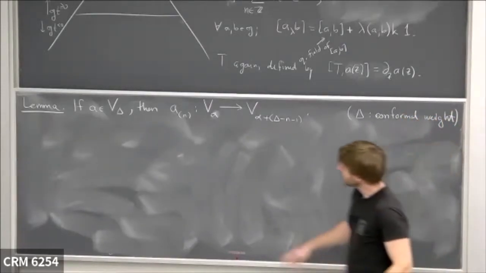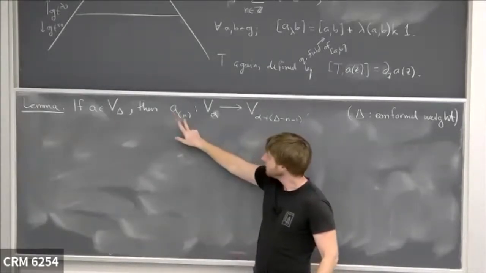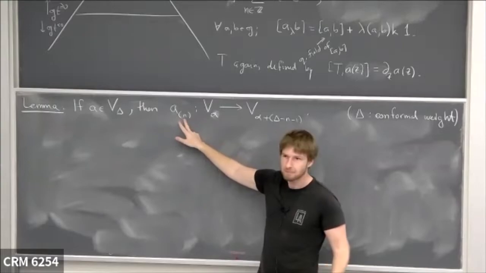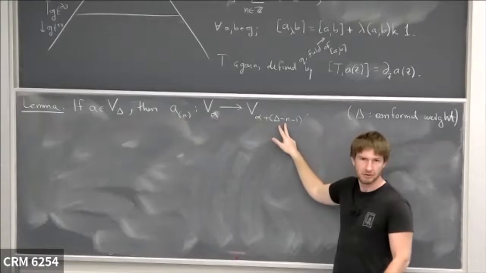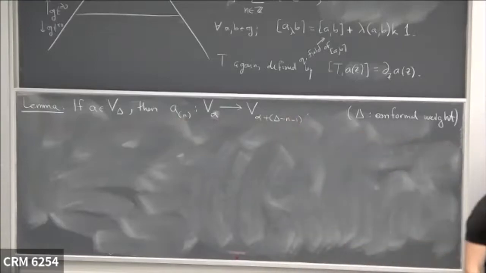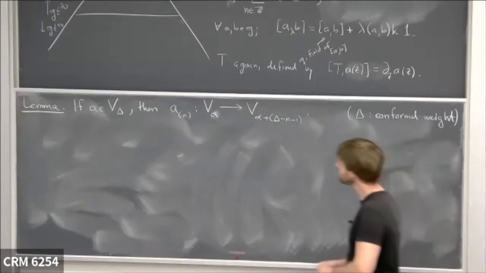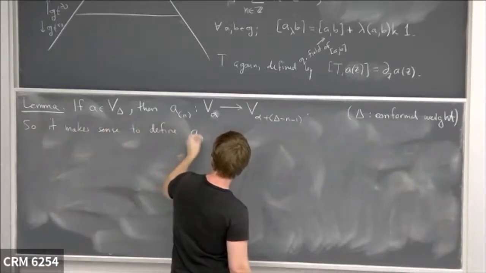If I have a vector of conformal weight delta, then A_(n), these are operators on V itself, change the conformal weight by this quantity here. You can calculate this, and at some point it really uses this fact and the Borcherds identity.